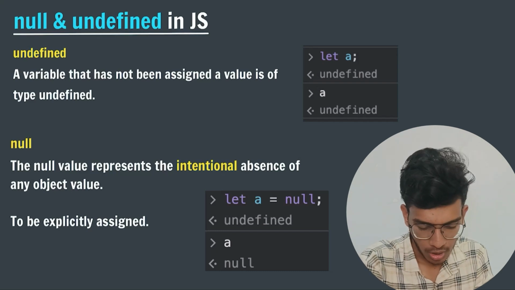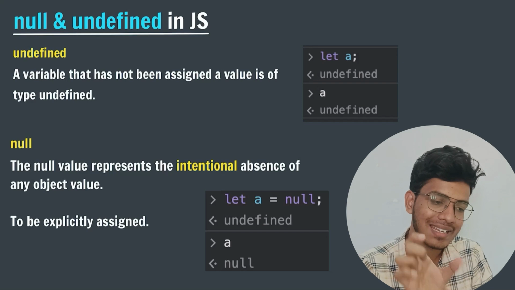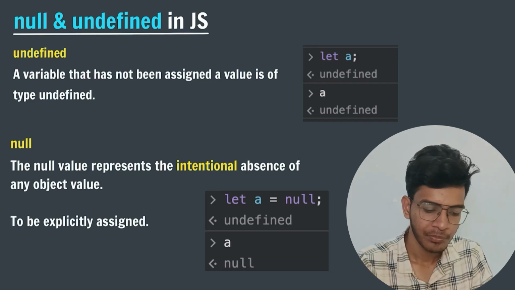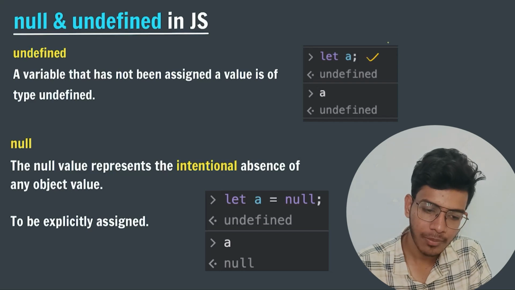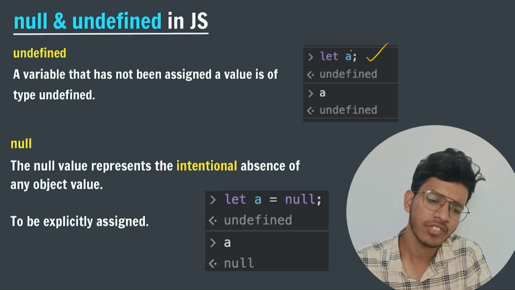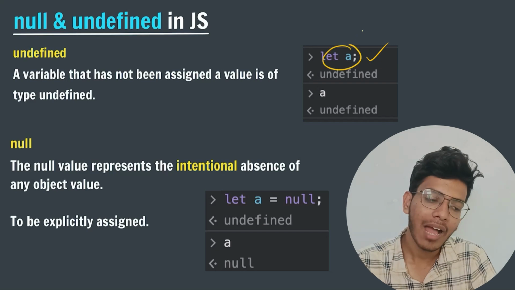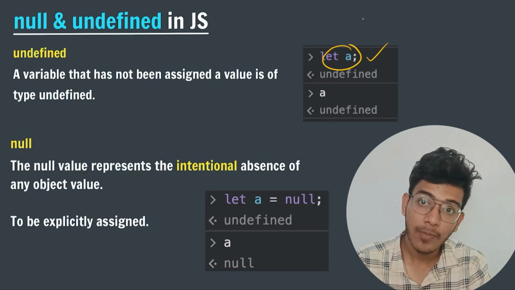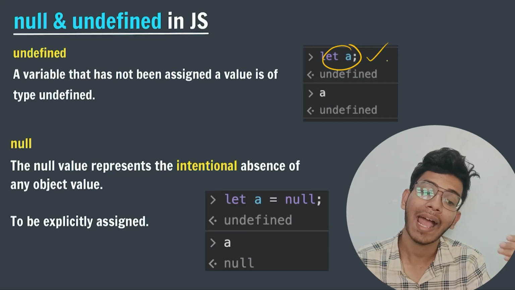So what is the difference between null and undefined? For example, let's say I have just declared the variable and I haven't assigned anything to that particular variable. Then that type of variable is considered undefined.